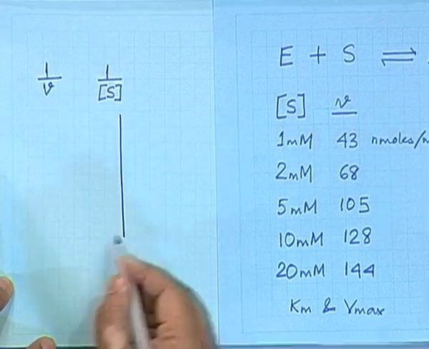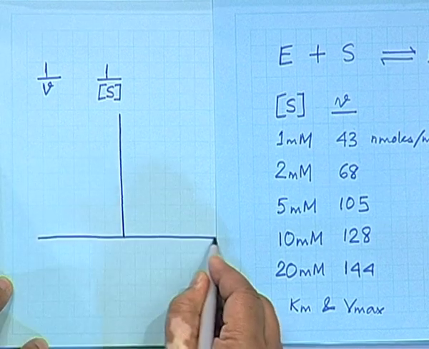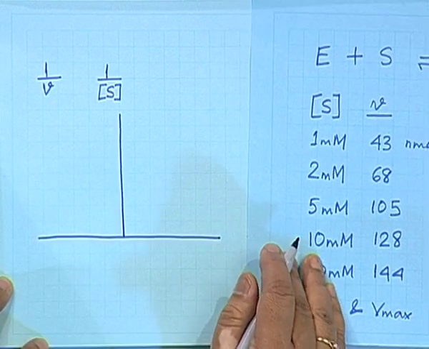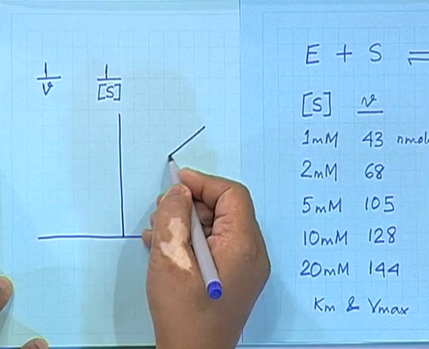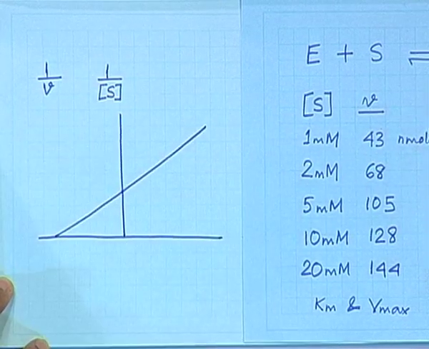I can plot the data on a Lineweaver-Burk plot, and what is that going to give me? Something that looks like this.